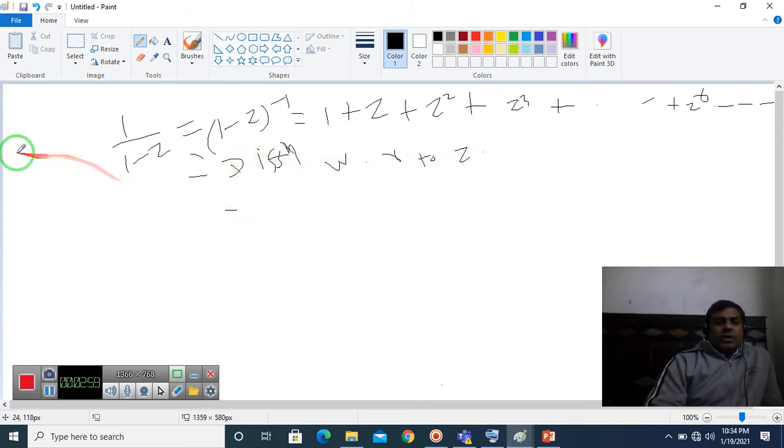We know that the differentiation of x to the power n equals n x to the power n minus 1.